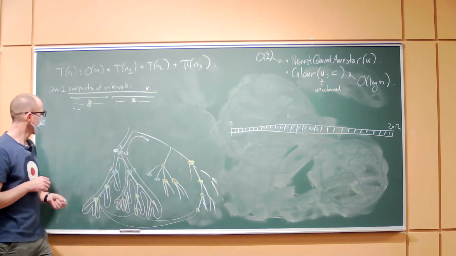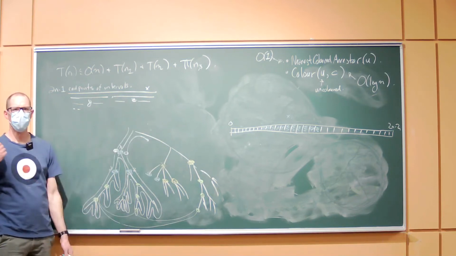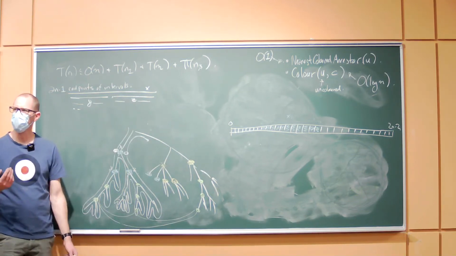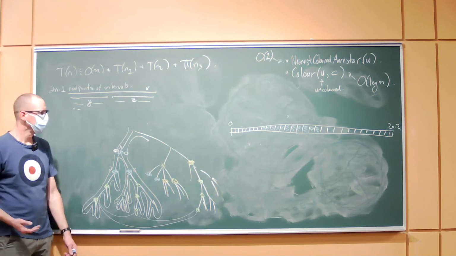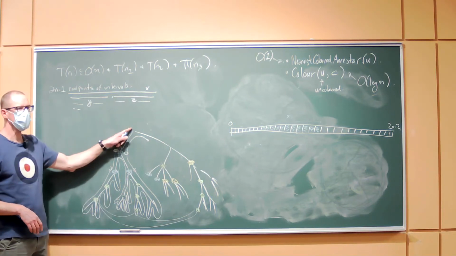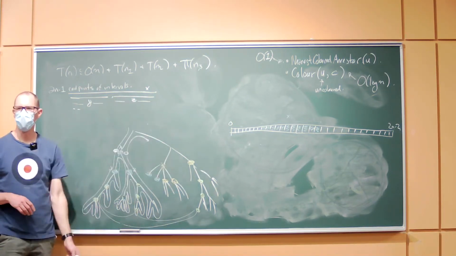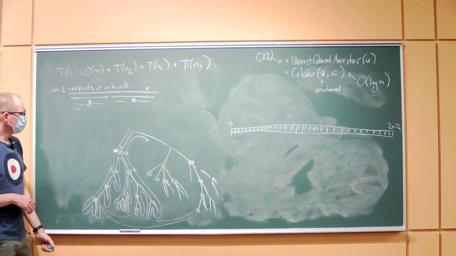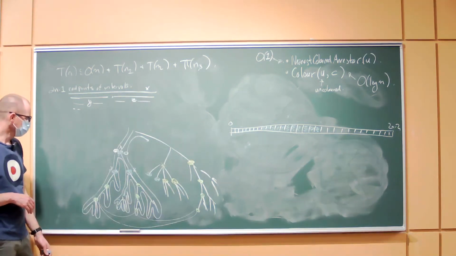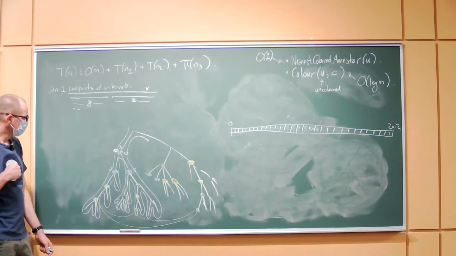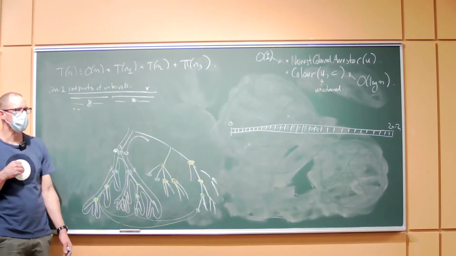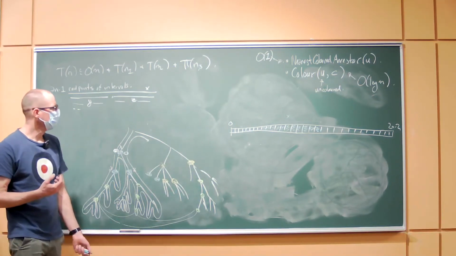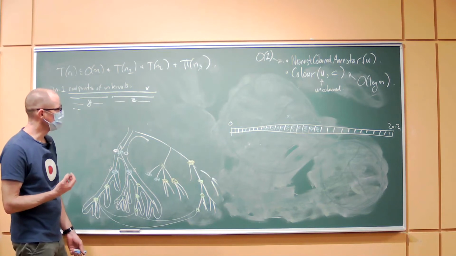Because some of these intervals are very big, so coloring them is not going to take log n time. It's going to take linear time for, let's say, this one, whose interval goes right from the beginning to the end. But maybe if you add up all the costs of those things, it's only going to be something nice like n log n. So maybe it's log n amortized time.